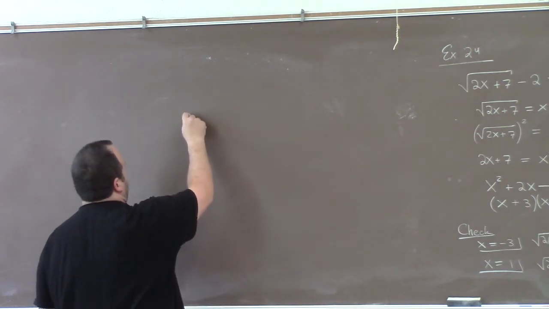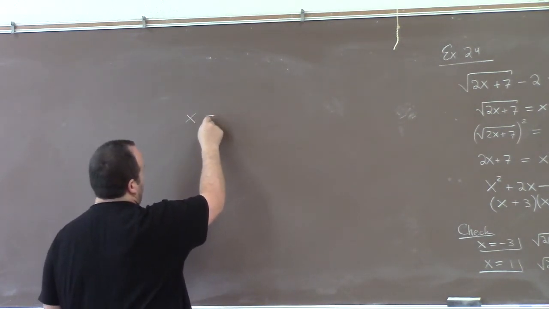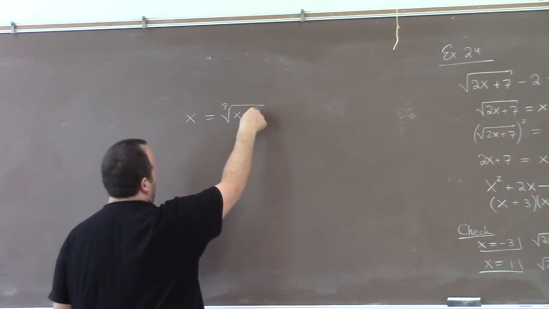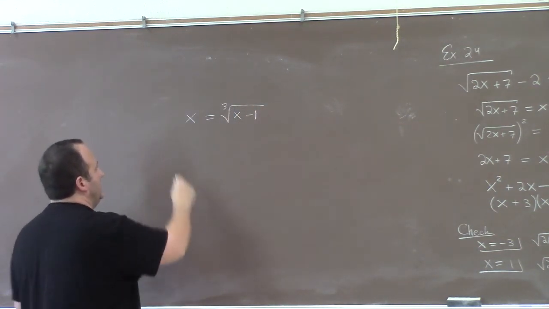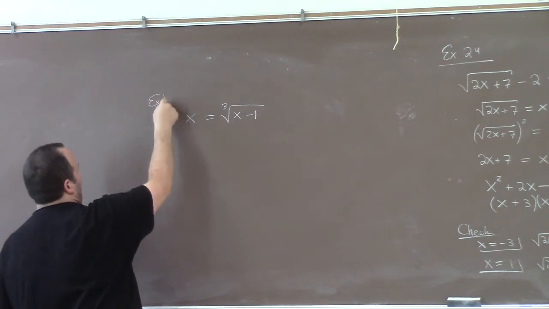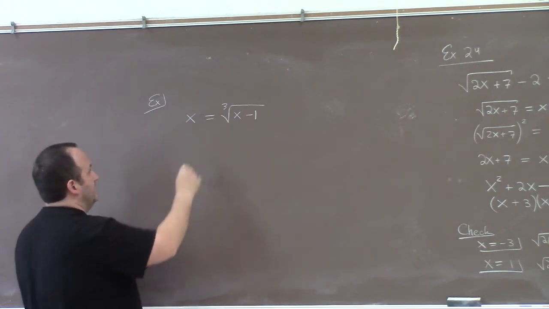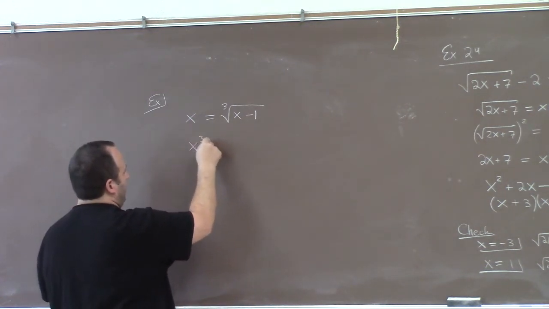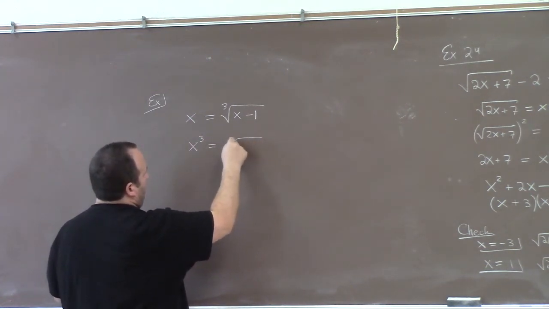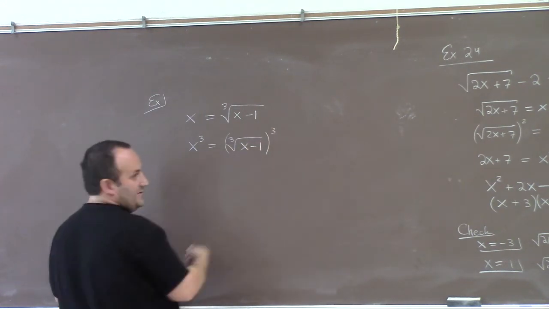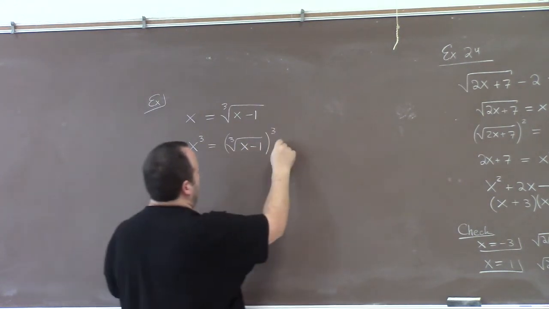You could solve something like x equals the cube root of x minus 1. You could work this example out. It wouldn't be that bad. You cube both sides. What's the cube of the cube root? Well, it's whatever's inside. It's just x minus 1 again.